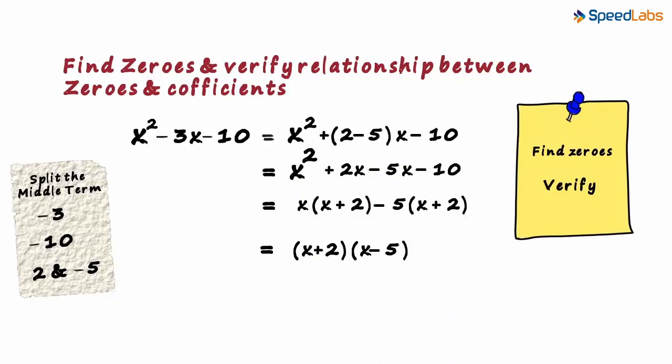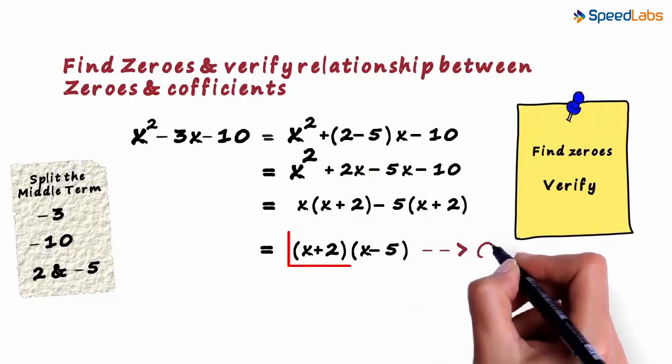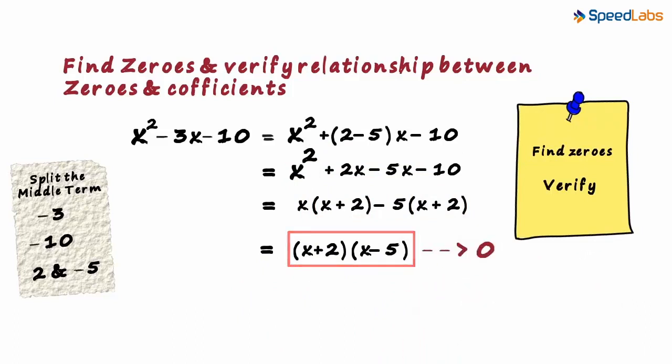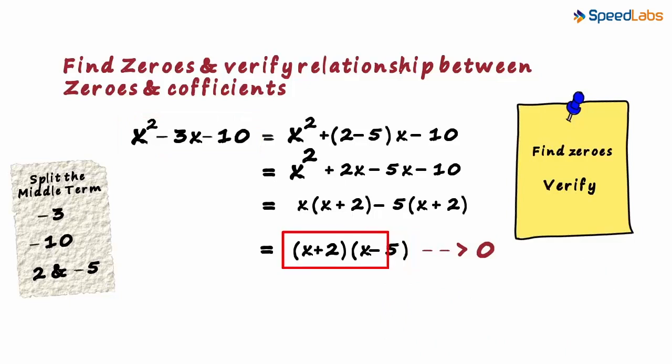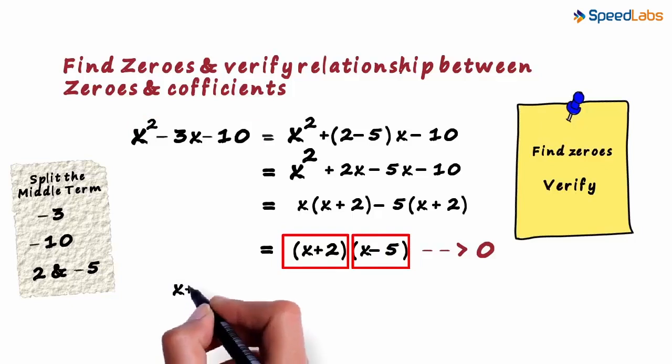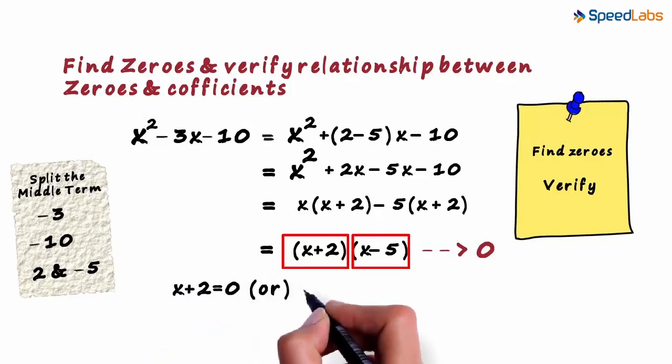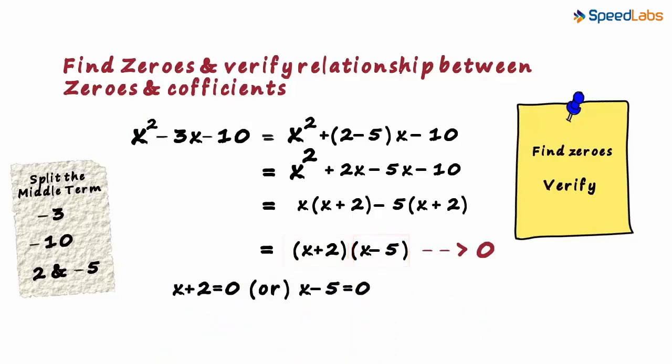To find the zeros of the polynomial, this has to be 0. It means the value of the polynomial has to be 0. And for this entire thing to be 0, one of these has to be 0. So either x plus 2 equals 0 or x minus 5 equals 0.